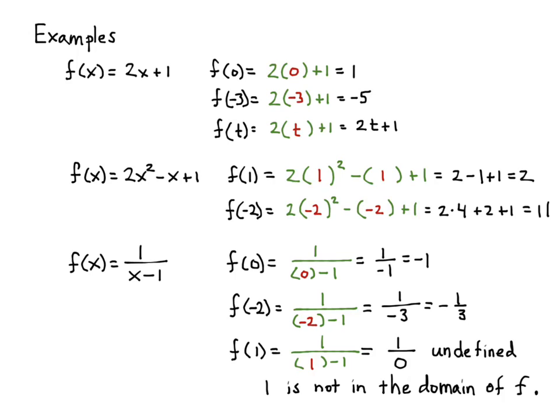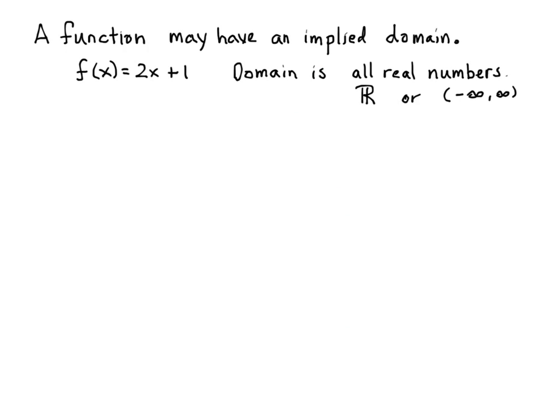So we exclude that. Now, the function itself can imply what the domain is. Any legal operation basically says what the domain is, and sometimes you end up with things like division by 0, operations that don't result in a number, and so this is what's meant by an implied domain. Contrast that with an explicit domain.